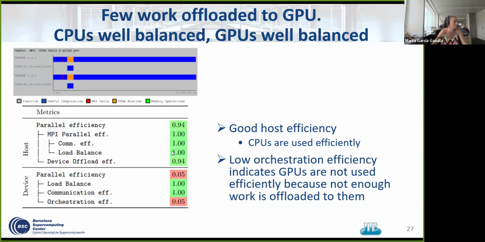The parallel metrics of the host are high because the processes are doing useful work most of the time, and in the device they are very low because the device is mostly just waiting for the host to offload work to it. The metric that tells us this is the orchestration efficiency. In the device, load balance is good and communication efficiency is good, but the orchestration efficiency is low because there's no work offloaded from the CPUs to the GPUs.